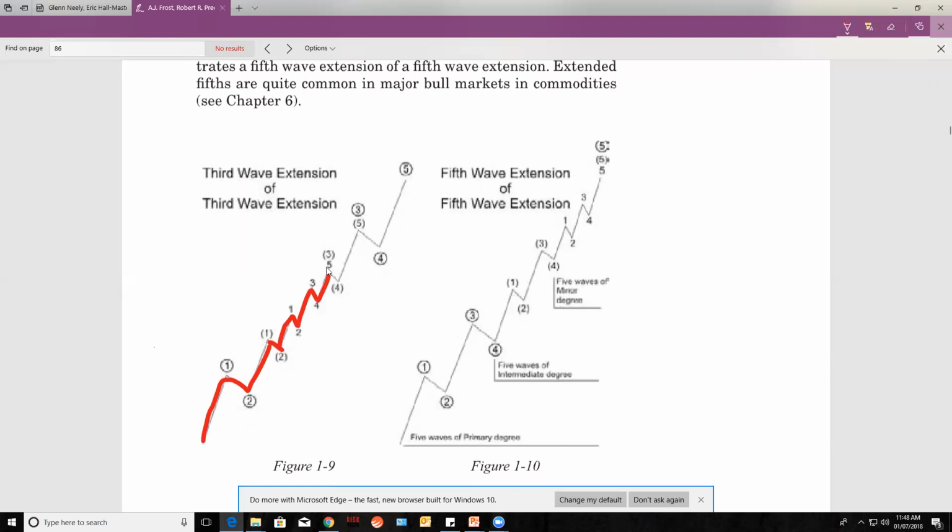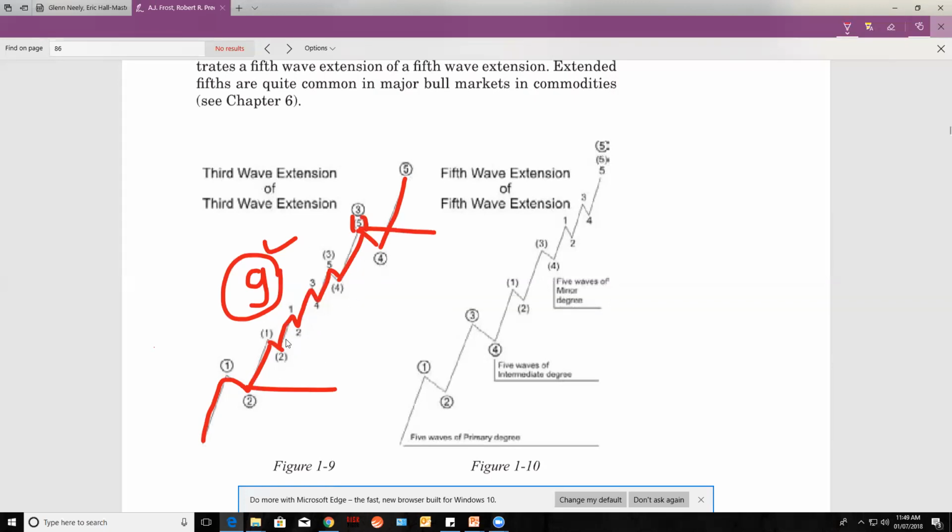This is a wave 1, this is a wave 3, and this is a wave 5. After that this is a 3rd and 4, and this is a 5th. Internally if you count the waves of the 3rd, it is extended: 1, 2, 3, 4, 5, 6, 7, 8, and 9 waves. The 9 waves show you that it is an extension.